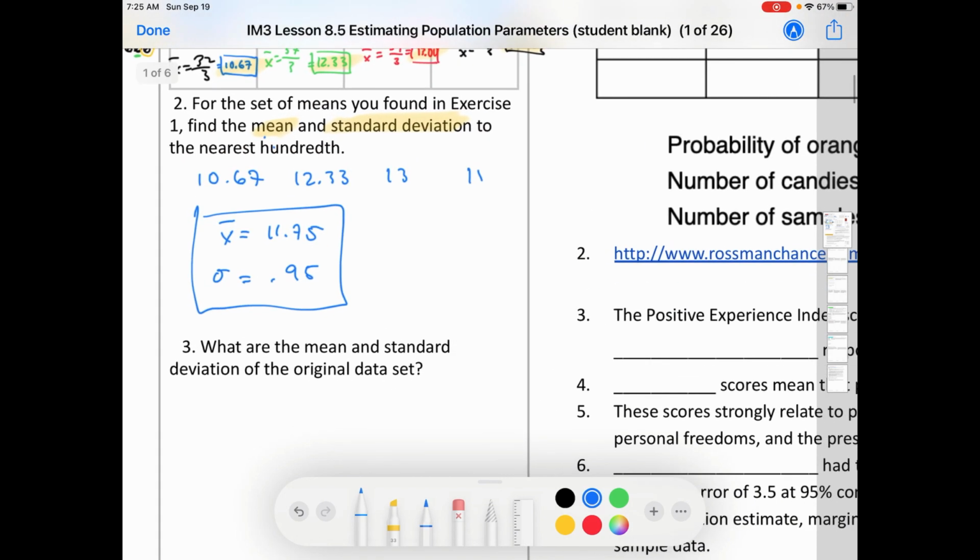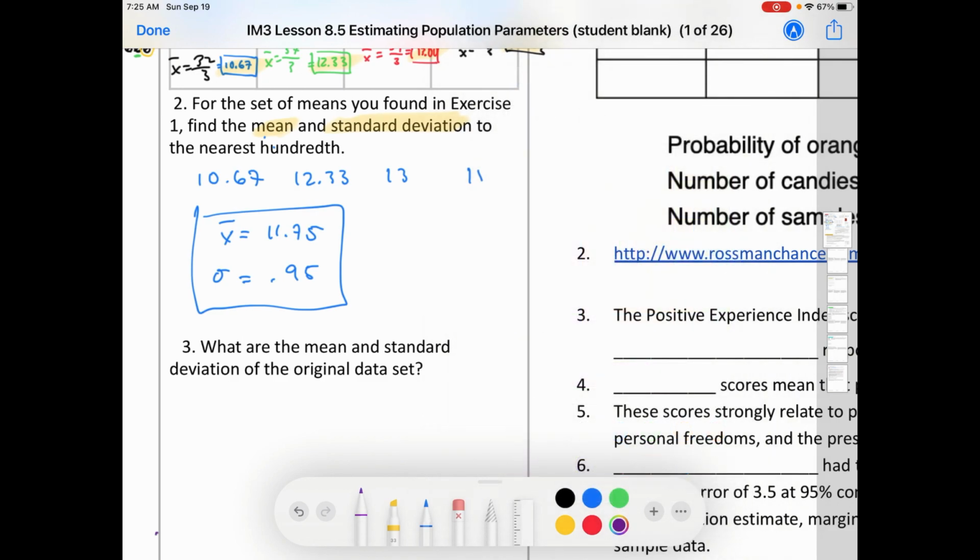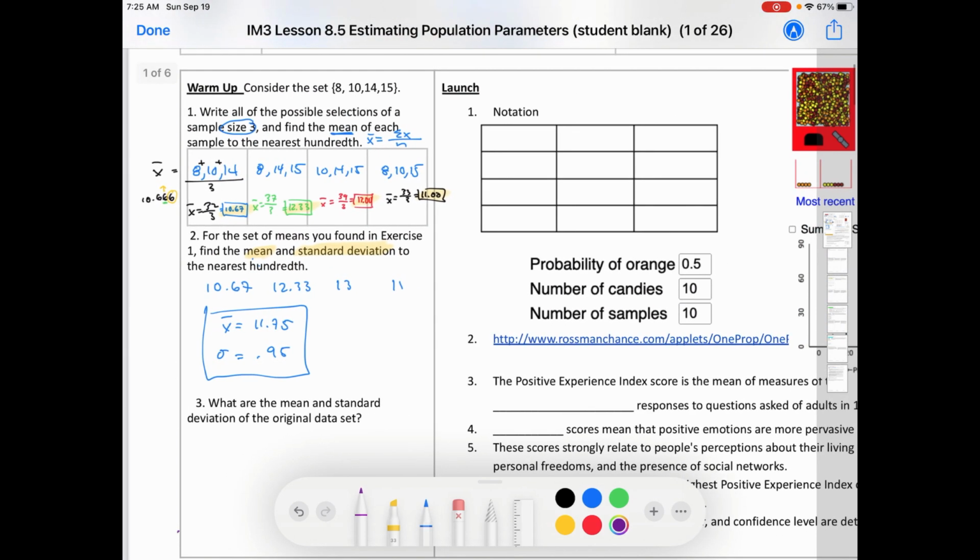And then it tells us, let's get another color here, a dark color like purple. What are the mean and standard deviation of the original set? So now for 3, they want us to look at these numbers right here. If I write those numbers down, 8, 10, 14, and 15.